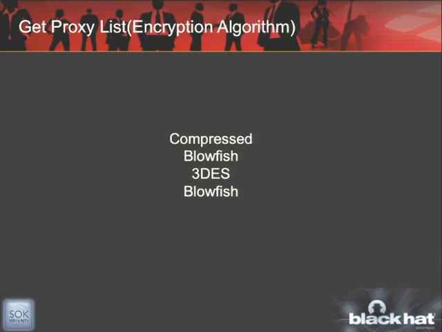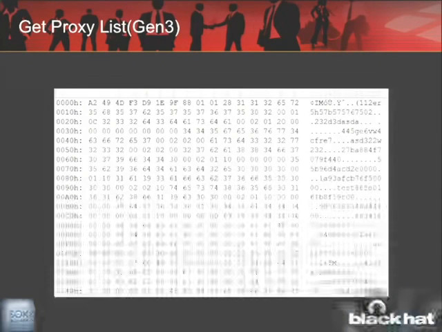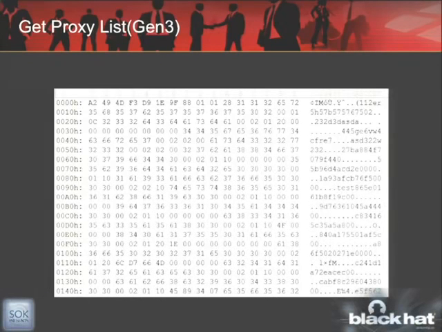The encryption algorithm also changed. First compressed with zlib, then encrypted with Blowfish, then encrypted with 3-DES, and then encrypted with Blowfish again. After decryption, we also see the hashes there.